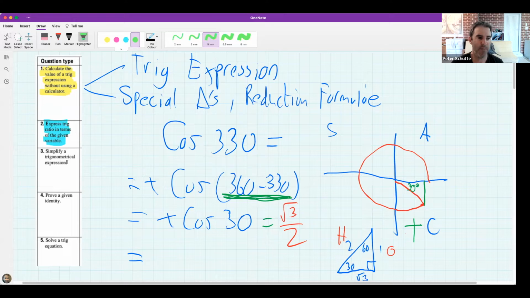Then the other type is simplifying a trig expression, where you're allowed to use your calculator, but it doesn't really help you that much. Then there's the prove a given identity question. So you work with the left-hand side and try to make it look like the right-hand side. And the last type is solve a trig equation. Those are the types of questions we want to give you a taste of.